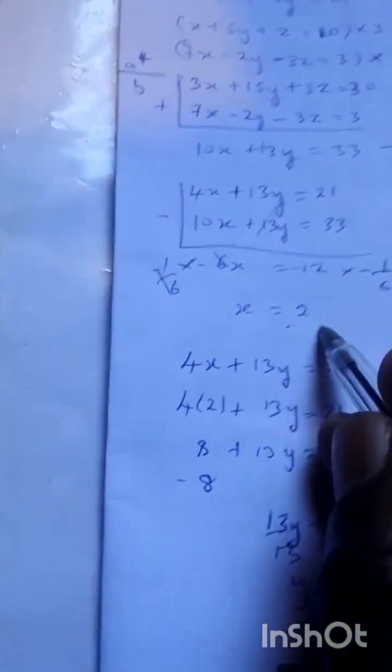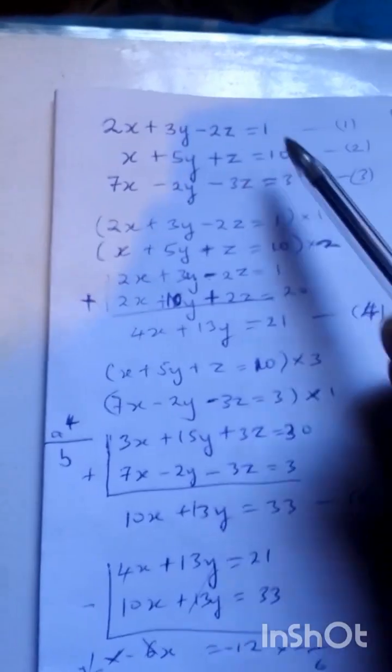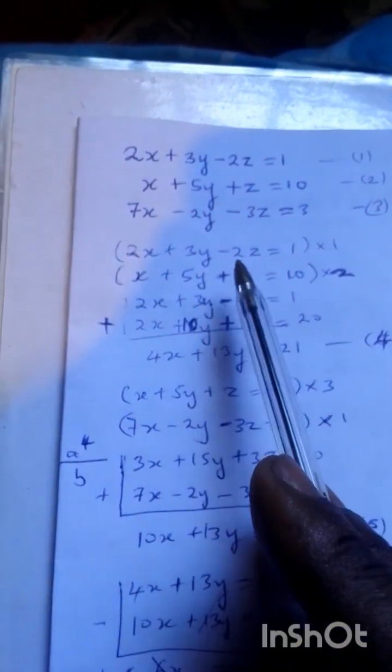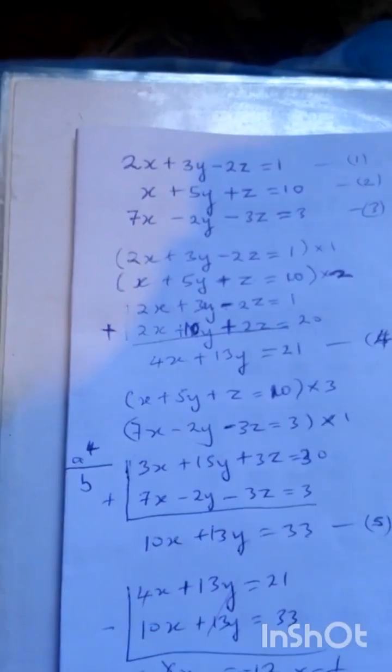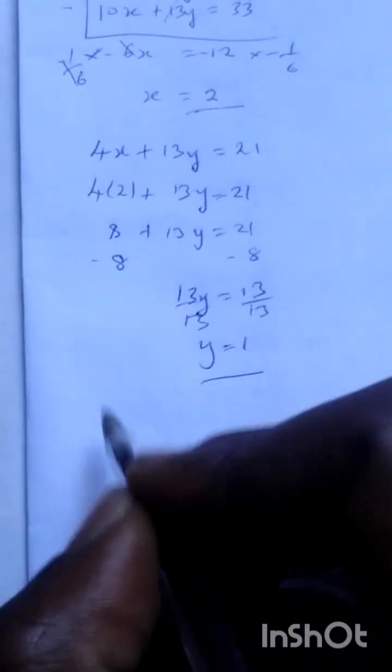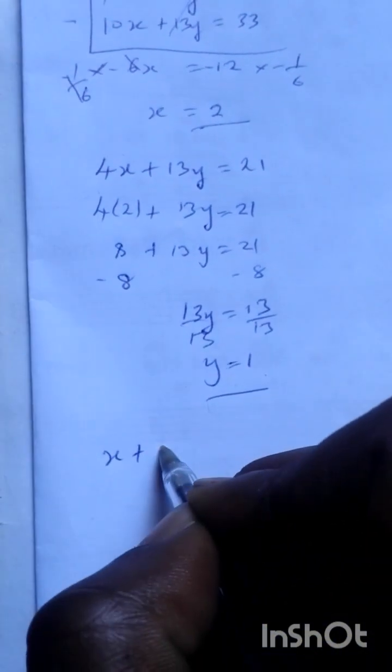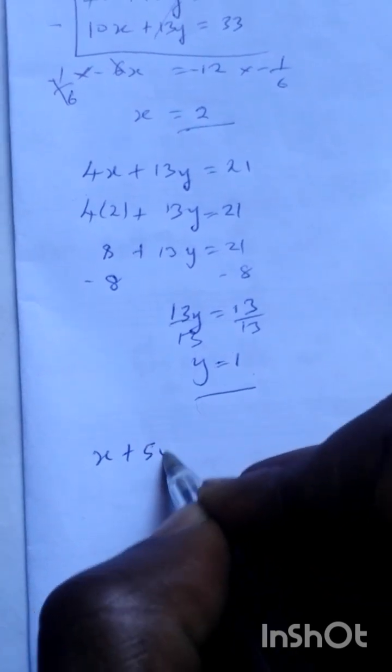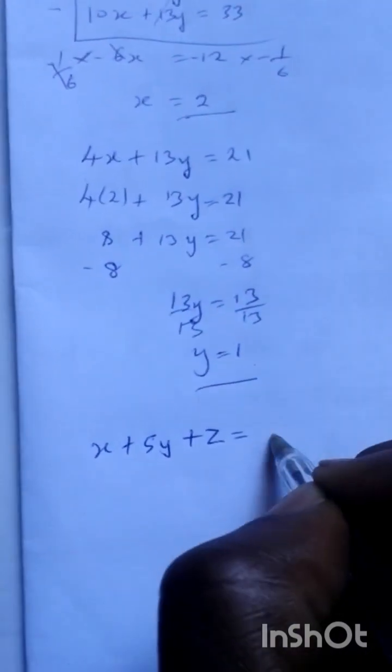So I found my x and my y. Now all I have to do is put these two variables, which I've already found, into one of the equations. Which am I going to choose, equation 1, 2, or 3? If you look at the equations, equation 2 is simpler, so I'm going to use equation 2 to find the last variable, which is z. So I copy this equation, x plus 5y plus z equals 10.